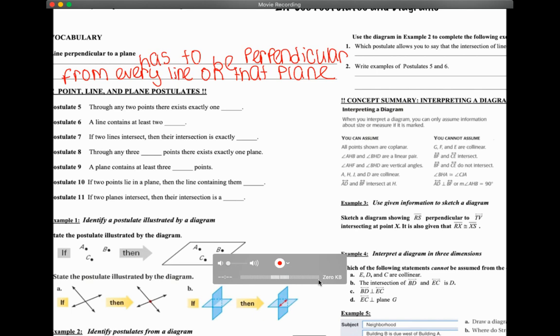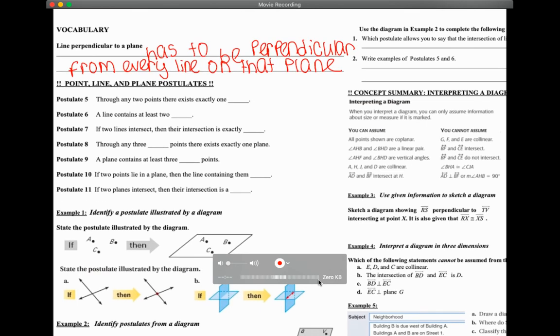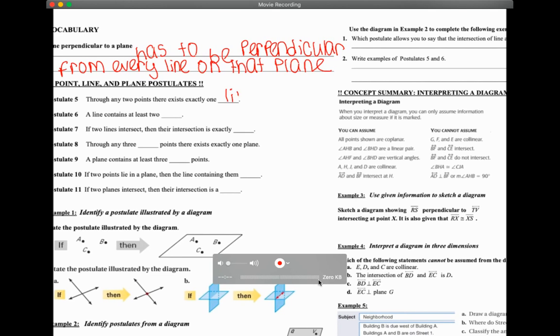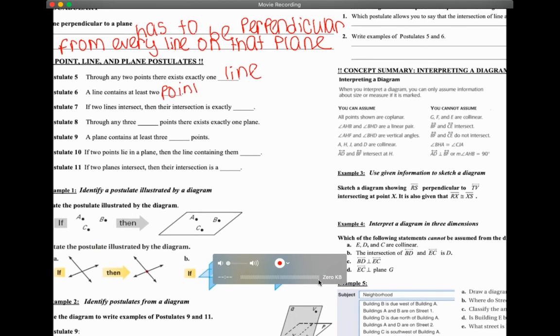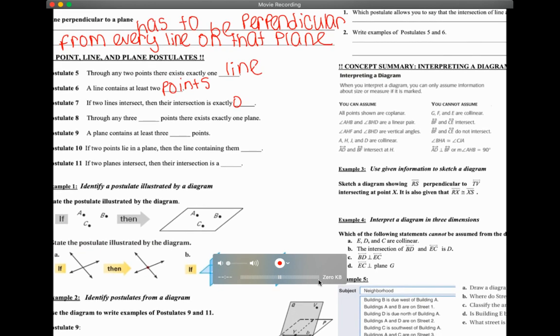A few new postulates for this section. So through any 2 points, there exists exactly one line. A line contains at least 2 points. If 2 lines intersect, then their intersection is exactly 1 point.